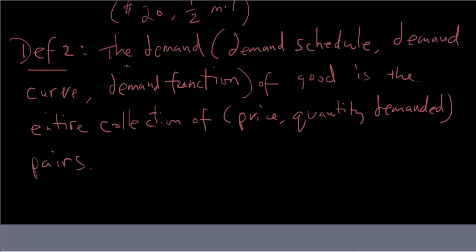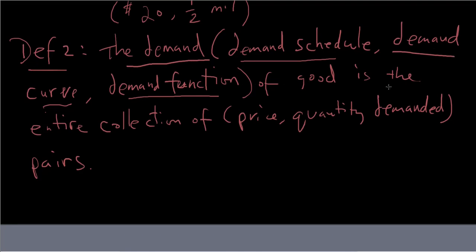So we're defining the demand of a good. I'm going to sometimes use demand schedule, demand function, demand curve. Technically, they are different, but in most cases, if it doesn't cause any confusion, I'm going to use them interchangeably.